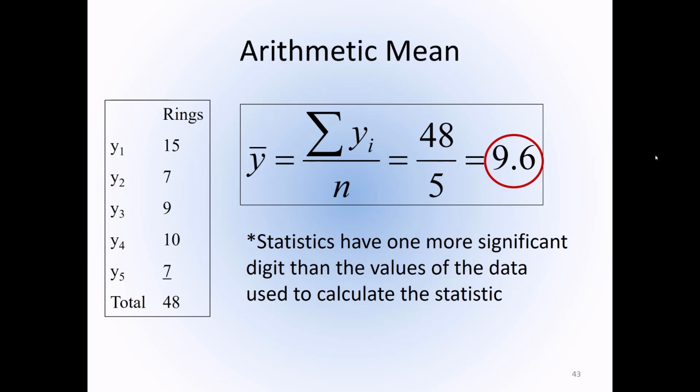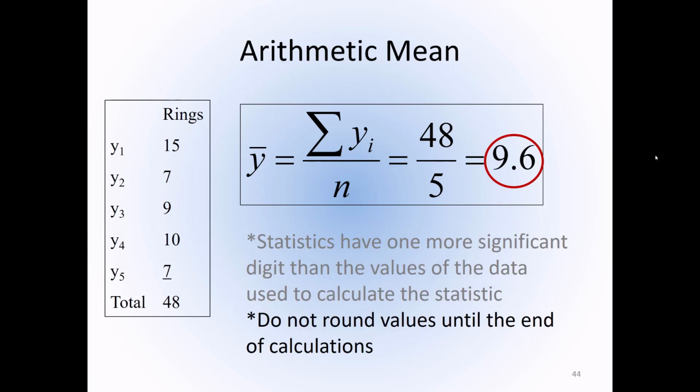In this case, our rings are whole numbers, so we report our output one value past the decimal place. To make your calculations appropriate, the key is to not round your values until the end of your calculations, and you'll be using calculators or computers to do so, so this shouldn't be too much of a problem.